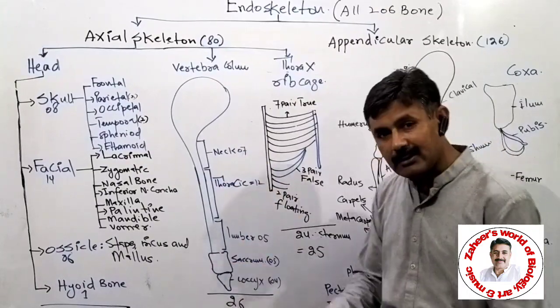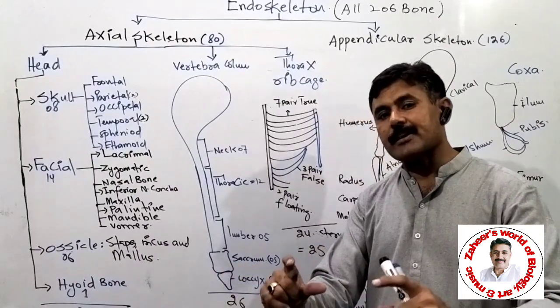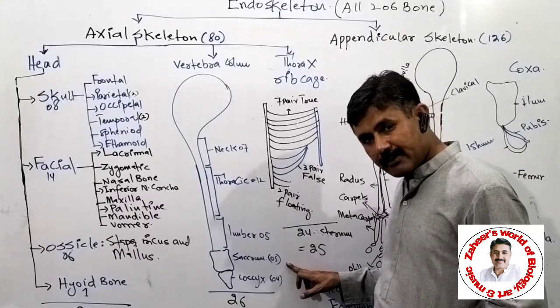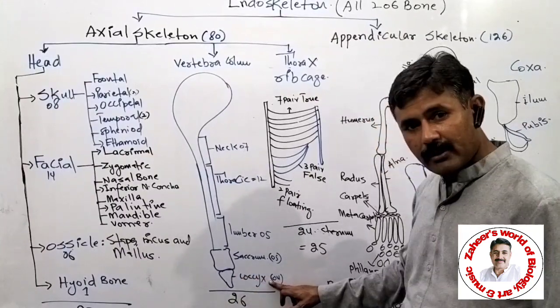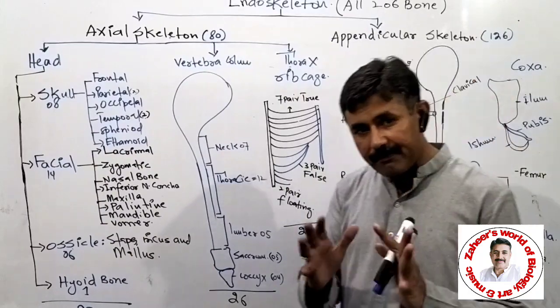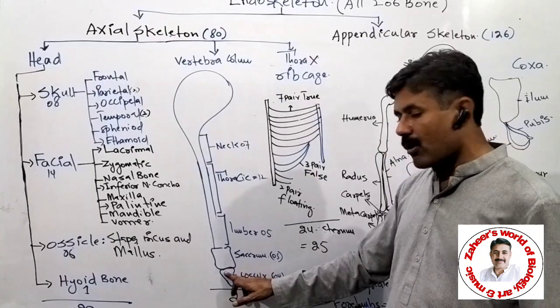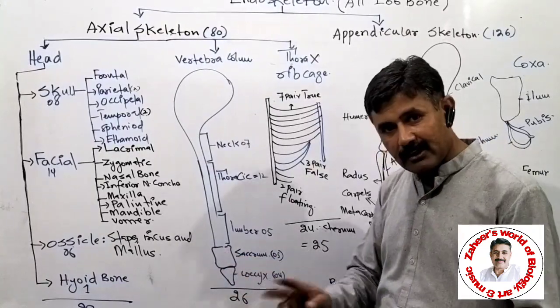At the end, 5 vertebrae are fused to form a single bone called the sacrum. The last tailbone is called the coccyx, which is a fusion of 4 vertebrae. When the 4 vertebrae fuse, they form the coccyx, and 5 fuse to form the sacrum, and these are now considered as 2 bones.